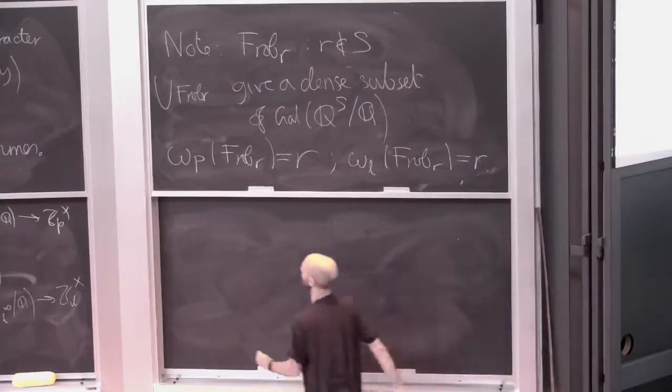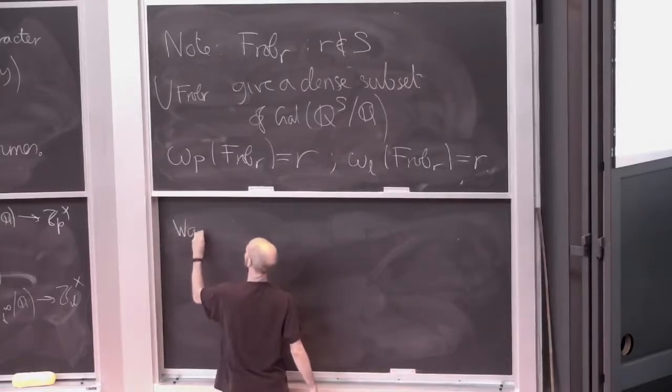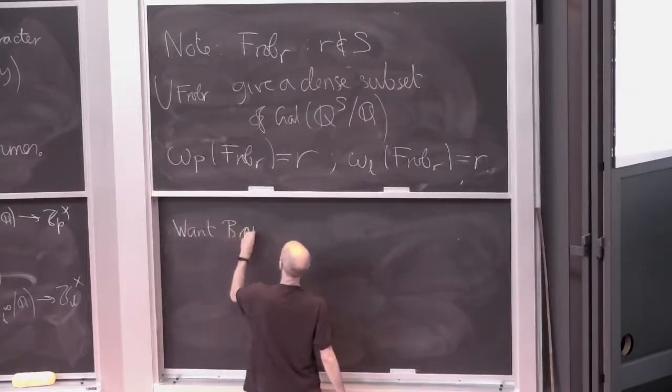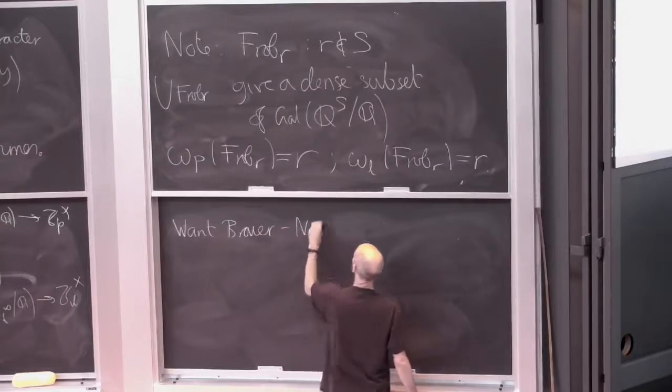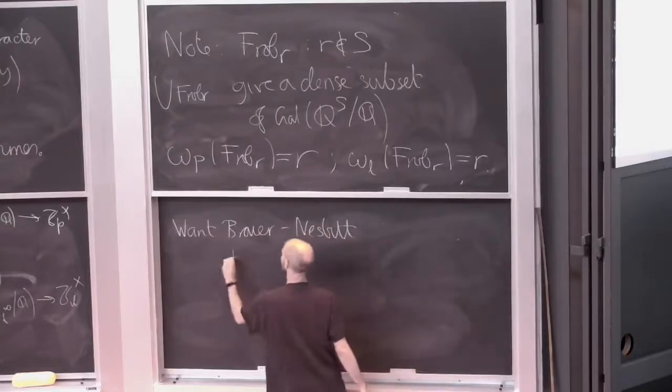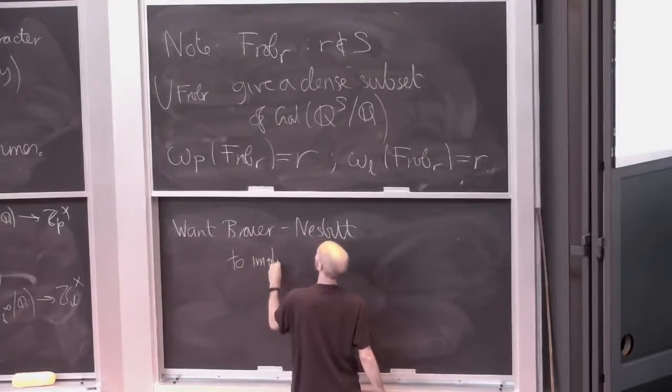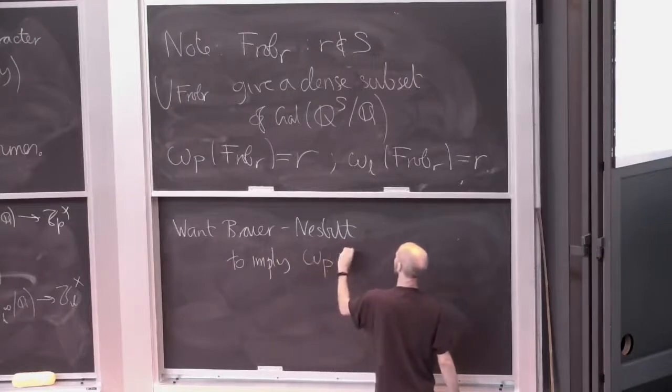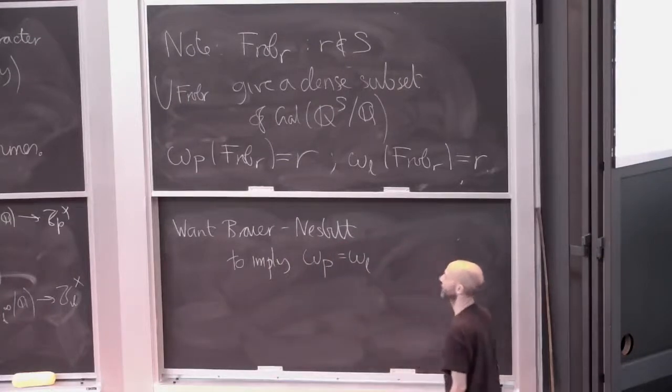By Brauer-Nesbitt. Want Brauer-Nesbitt to imply that omega p equals omega L, because they have the same traces.